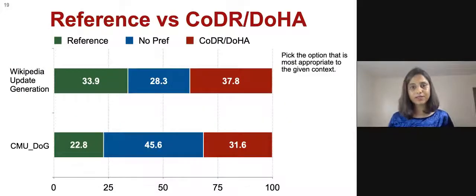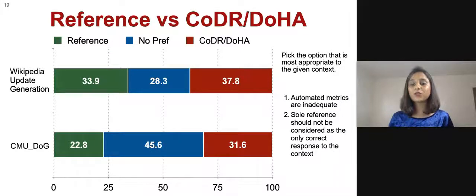Inspired by this manual inspection, we perform another human evaluation where we compare the reference itself with the generated text. And what we observe is that for both these tasks, the generated text is picked more number of times than the reference text.